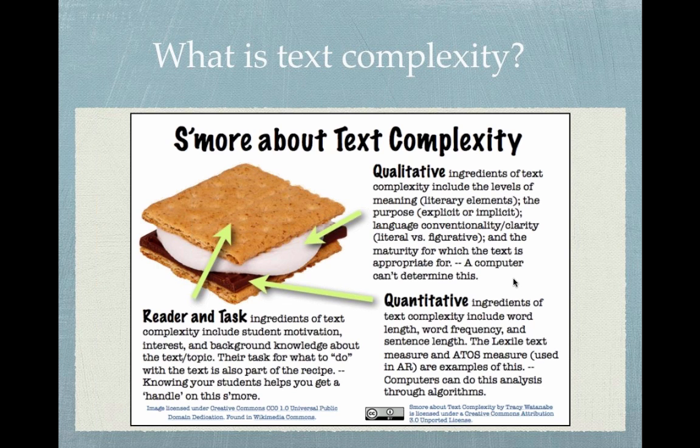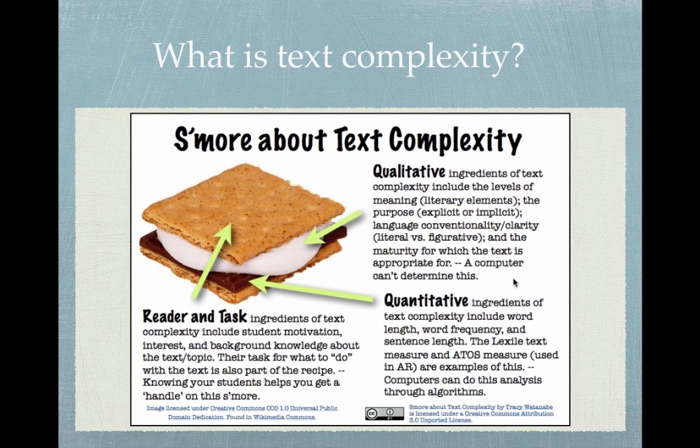Then it spits out a score that's attached to a book, but that's not the whole picture of a book. That's just the word frequency, word length, sentence length. Then you have qualitative measures. And these are things like levels of meaning and purpose, language conventionality and language clarity, how much previous knowledge and experience students need to understand a text.